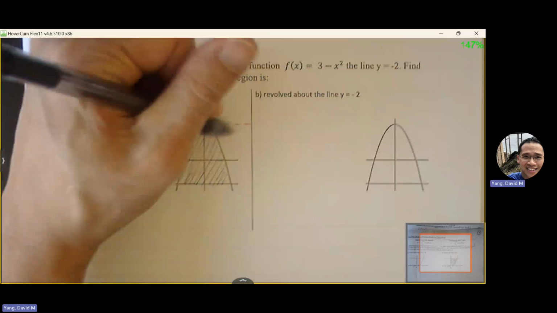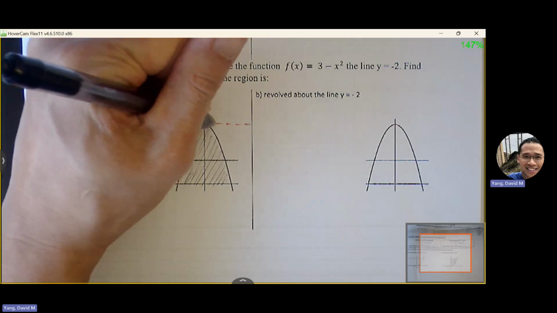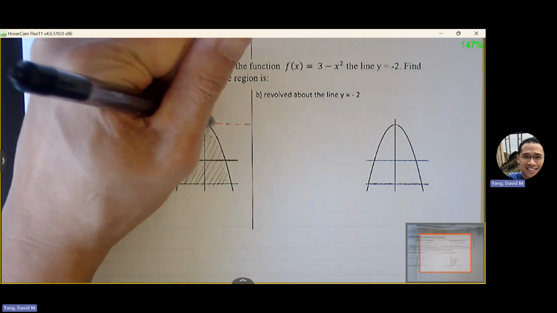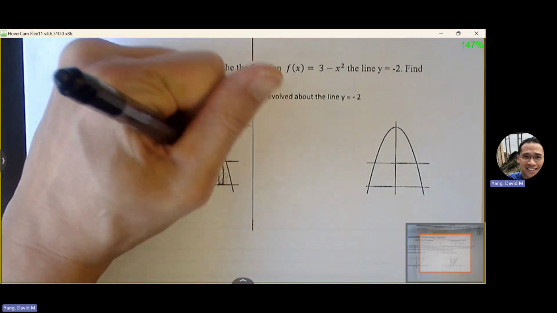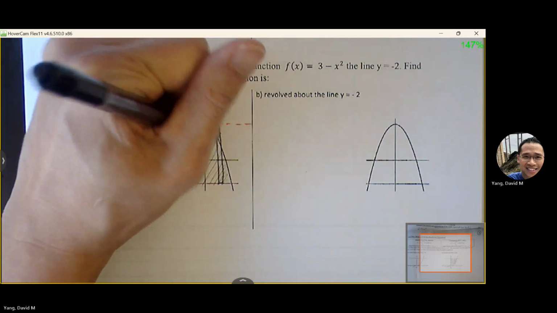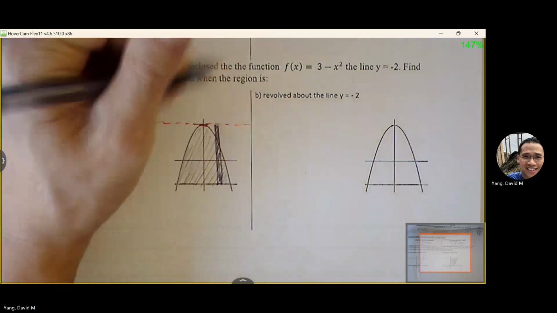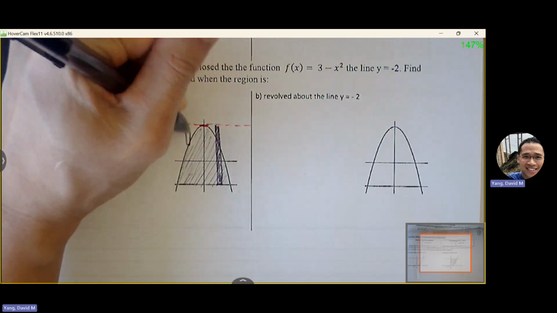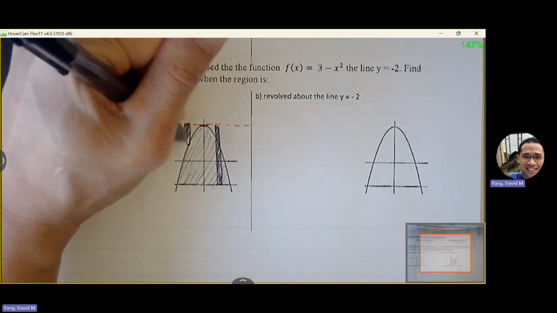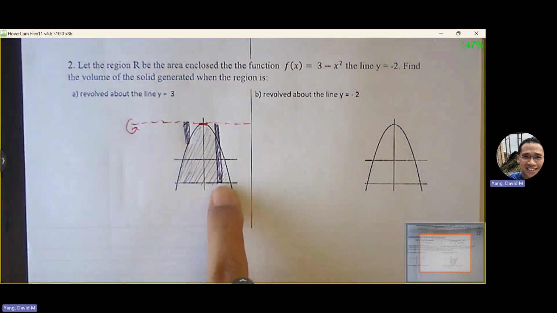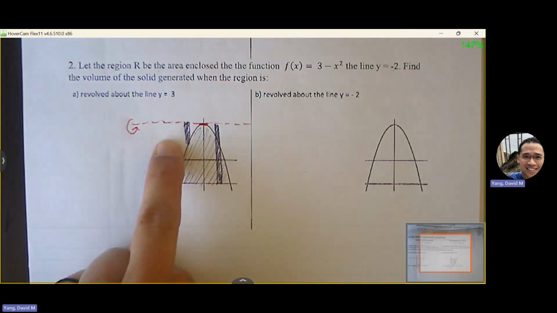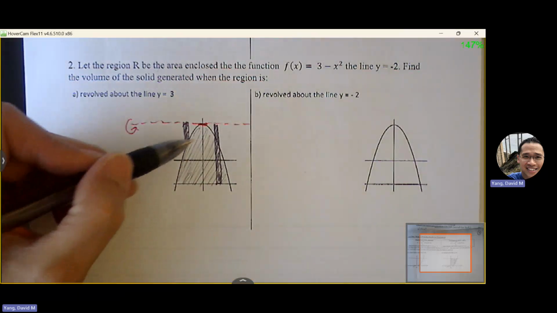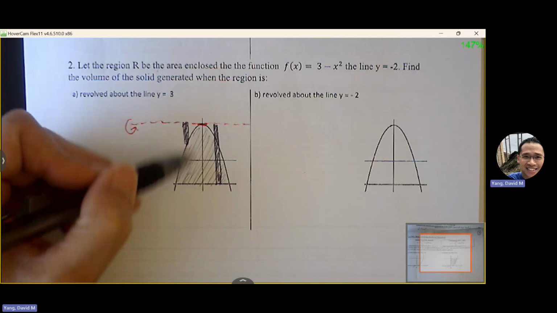So from the axis, you're going to extend to the furthest boundary. That's going to be your big R. And your little r will extend from your axis to the closer boundary, which is the curve. So big radius, small radius. Make sure that you don't connect between the two curves and call that the radius.